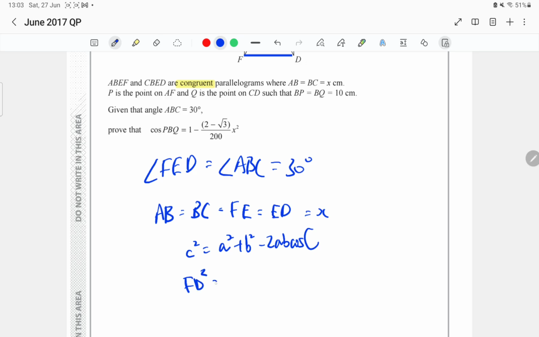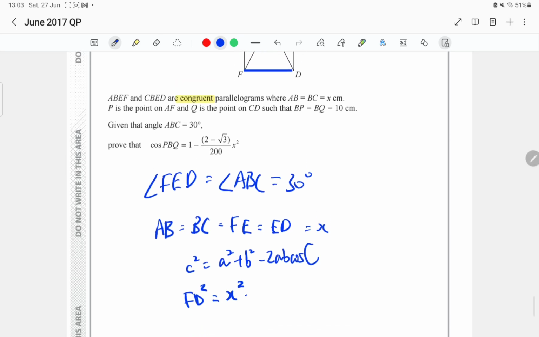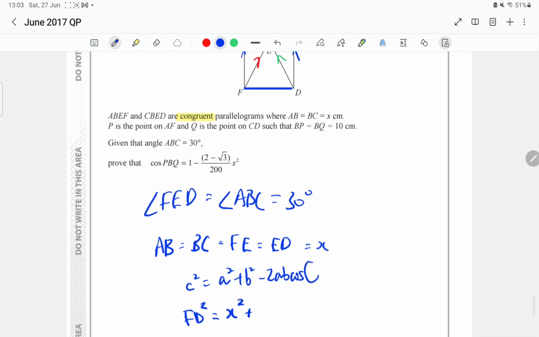FD squared equals, what is a squared? We know a is FE, is x, so it's x squared plus b squared, ED, which is also the length x, so x squared minus 2 times x times x times cosine of FED.